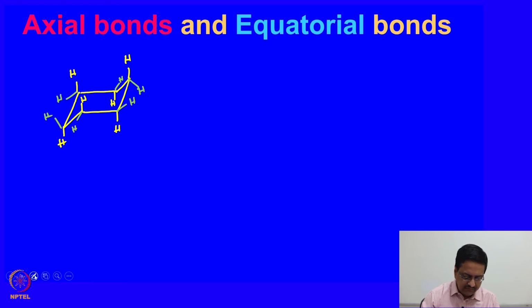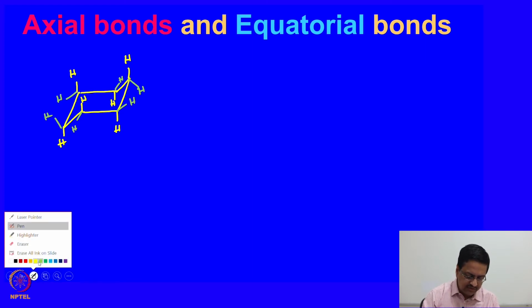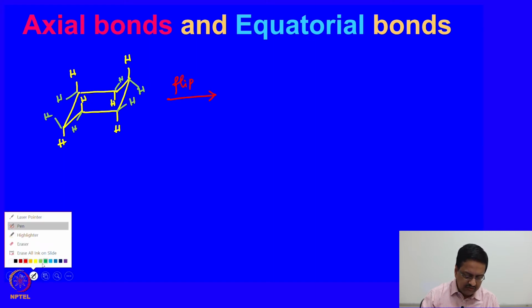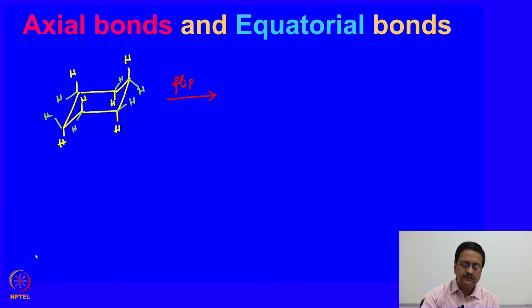Now, if we try to flip this cyclohexane molecule, which means we are trying to convert the molecule to a different chair form where the atoms which were above are going to be down and the ones which were down should be up.